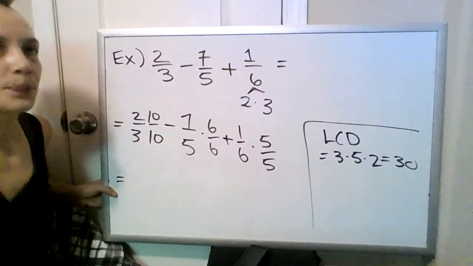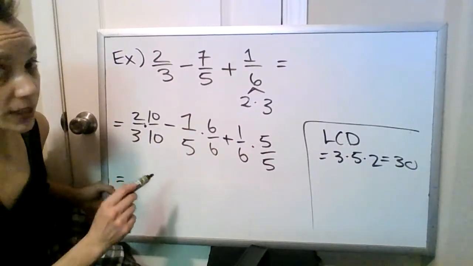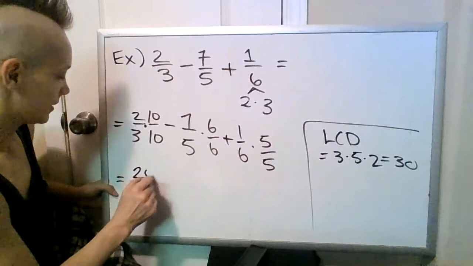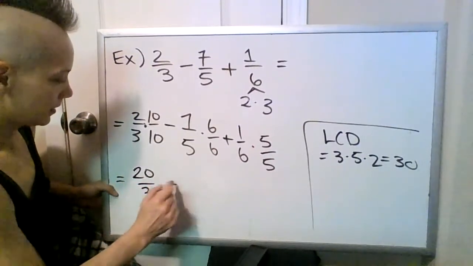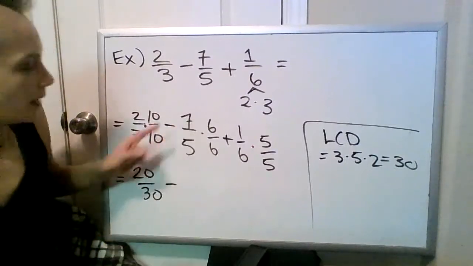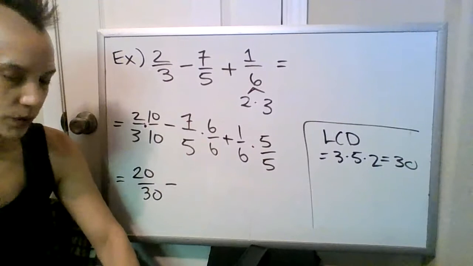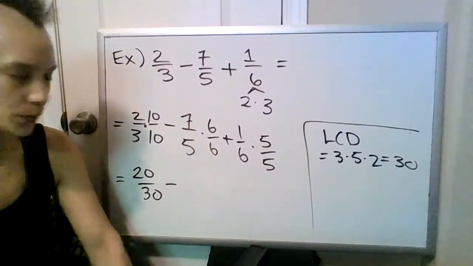Cool. 20 over 30 minus 7 times 6, which is 42.